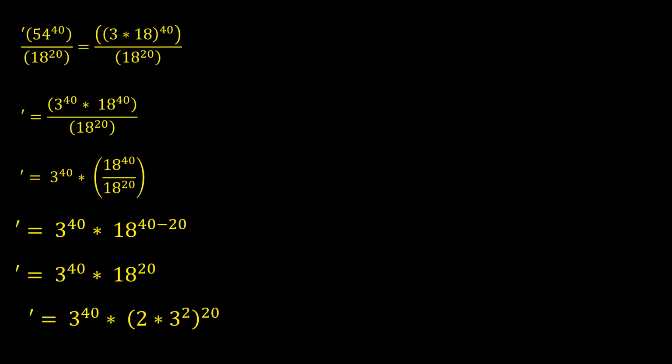Express 18 as a product of its prime factors, which is 2 times 3 squared. So we have 3 to the power of 40 times 2 times 3 squared to the power of 20.